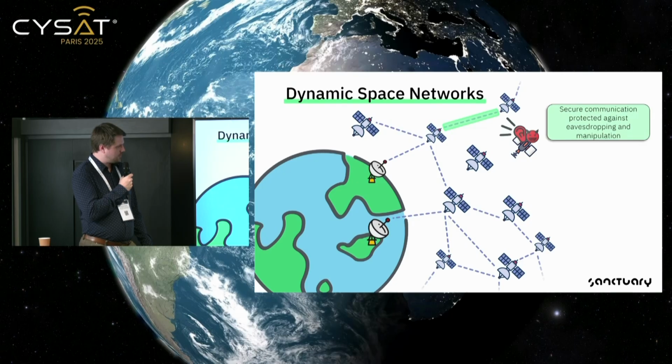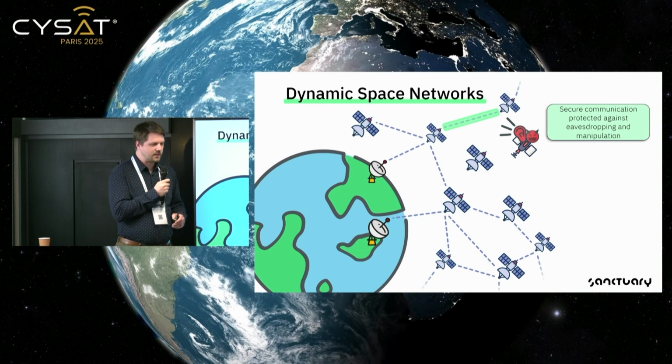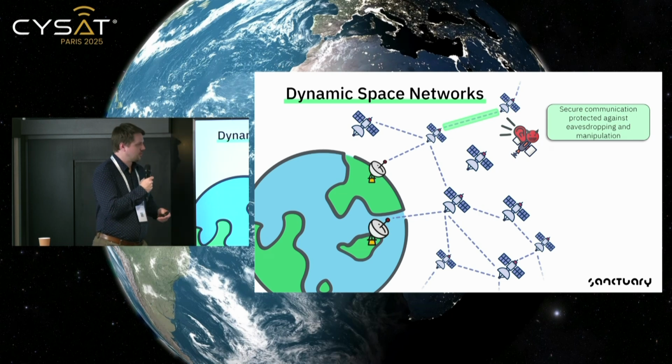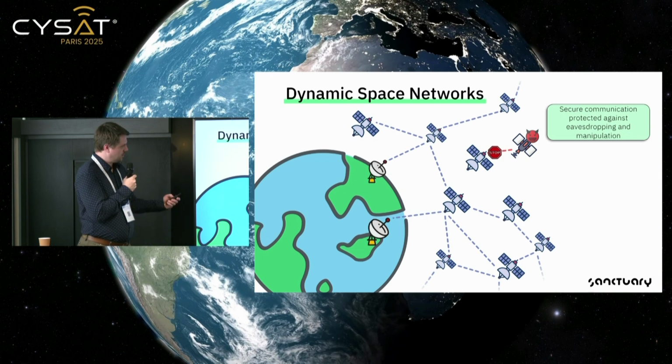This is, for example, also relevant if a new spacecraft enters the network. If a new satellite gets added to the constellation, of course, you want this new spacecraft not to start a connection and share information with the malicious actor, but only with its benign peers.